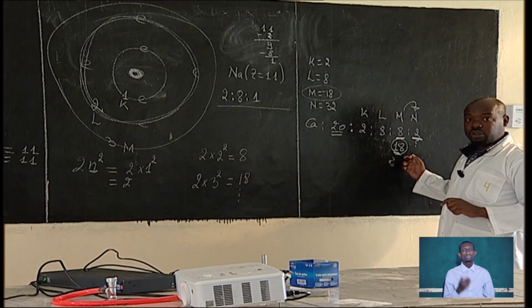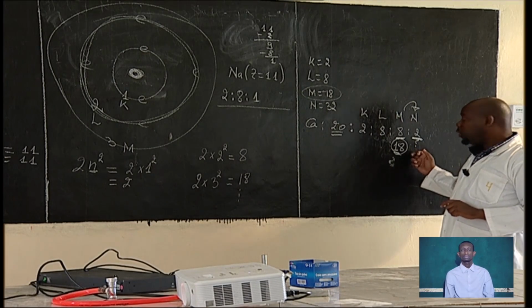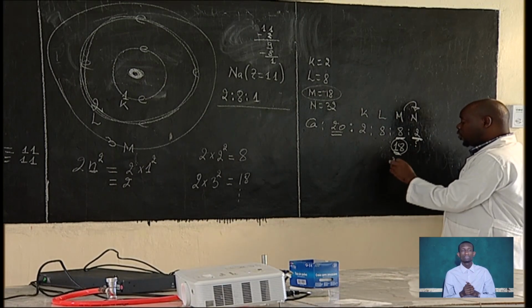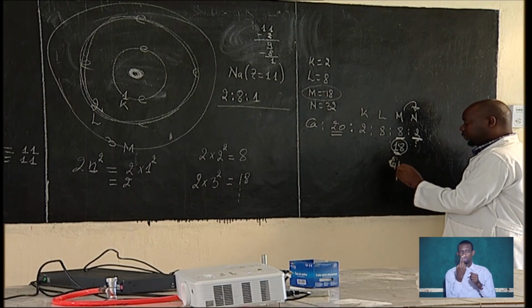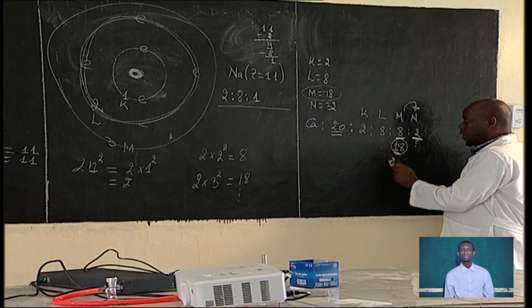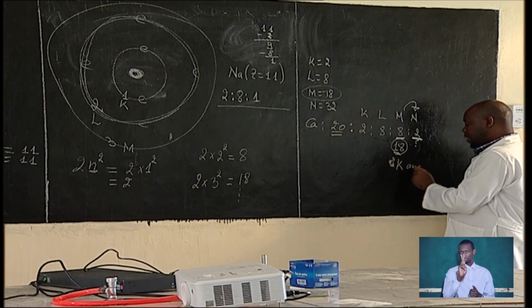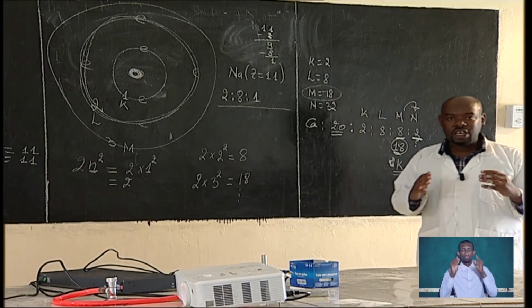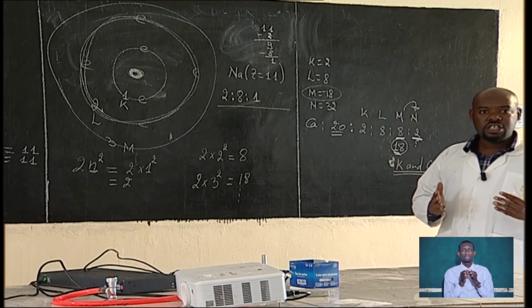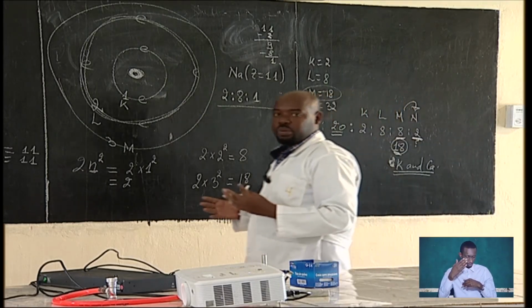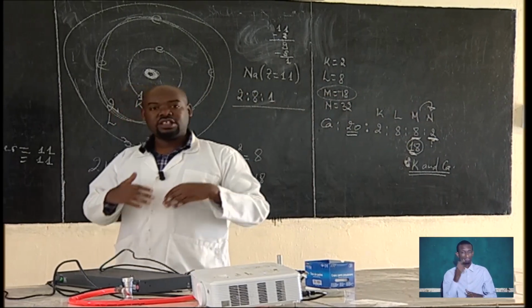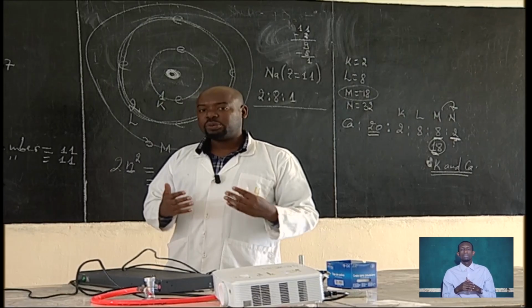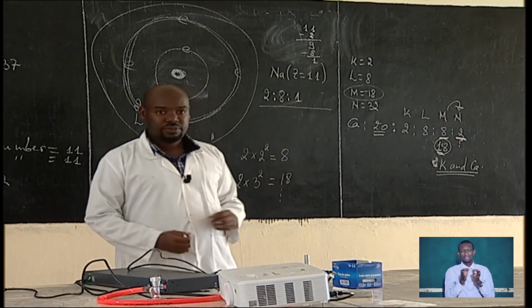This is the exception. And the exception we have here is for group 2, let us say, for potassium and calcium. Detailed explanations will be given to you when you will be in senior 4. You will find detailed explanations explaining why we have it like that.